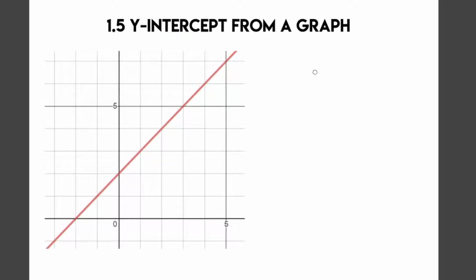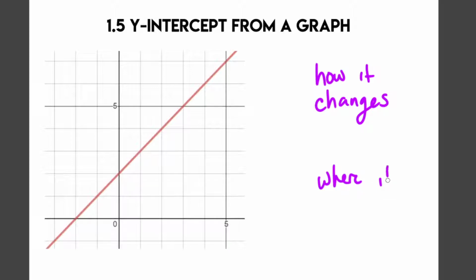Every line needs two things. We need to know how it changes, and we also need to know where it starts. We have to know where the line starts.